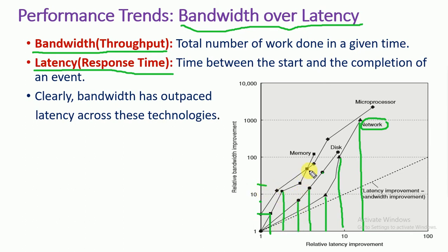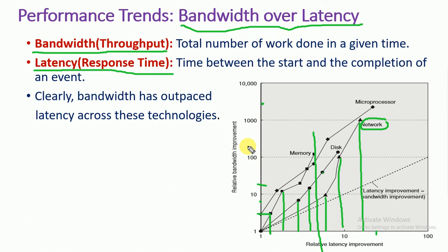Then it goes upwards. Here you can see latency up to only around 7 times, but bandwidth more than 100 times. For microprocessor also you can see the same improvement. Latency is up to a maximum of 50, but here you can see more than 1000, around 5000 times improvement in bandwidth. So that is the history.